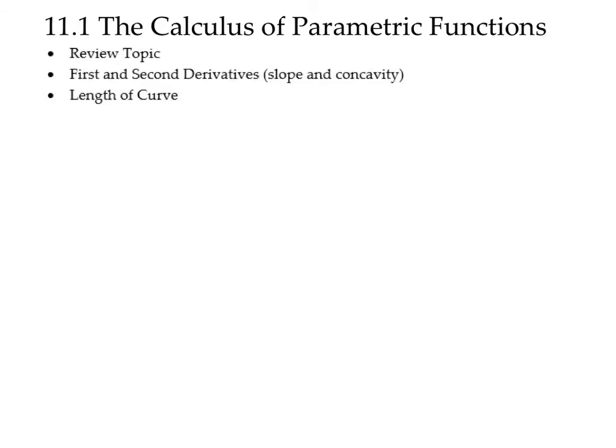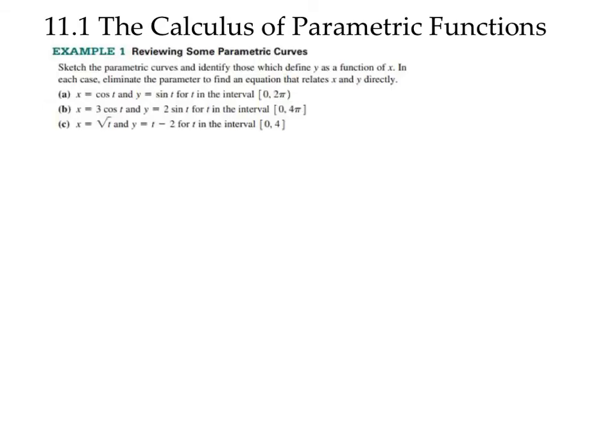So here we go. In this problem, just to practice and review parametric curves, we're going to sketch these graphs, and we're going to then eliminate the parameter to find an equation relating x and y directly. So in A, we have x equals cos t and y equals sin t in the interval 0 to 2 pi.